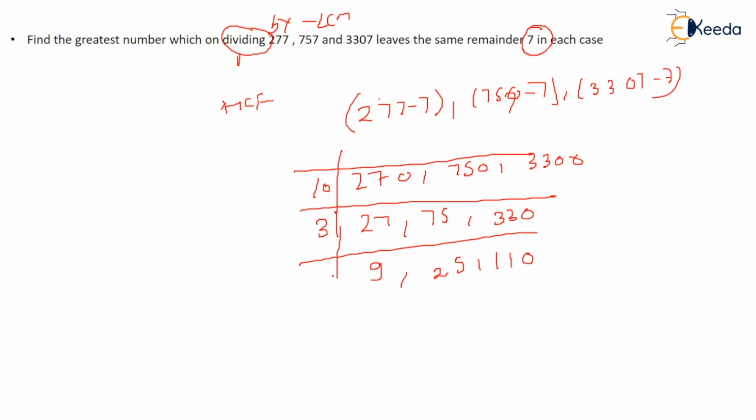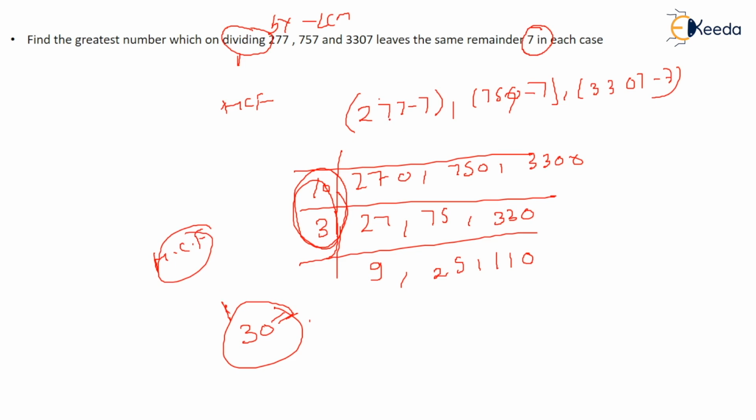After that I cannot take any number common. So for HCF, only this side multiplication, and this comes out to be 30. 30 is the answer. 30 is the highest common factor that can divide all these numbers.